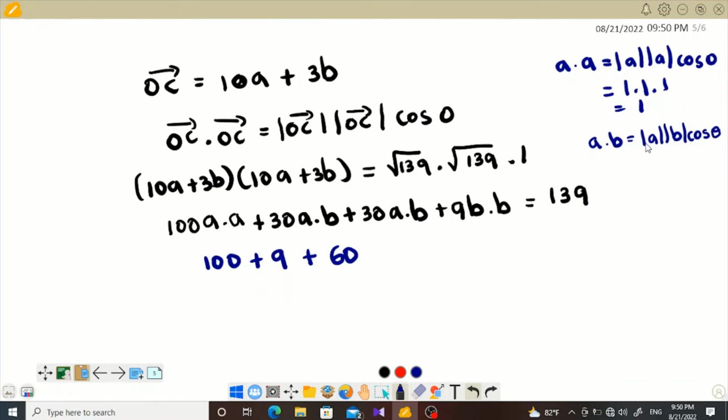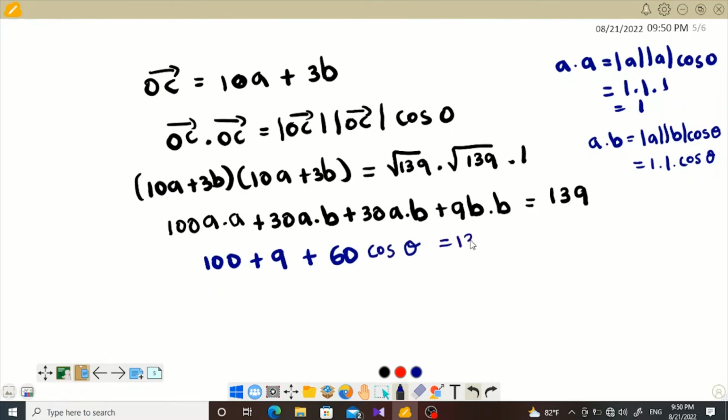So I can substitute this into a dot b. We know the modulus values of a and b, so we can substitute them. Modulus a is 1 since a is a unit vector, modulus b is 1, and here cos theta. So the a dot b value is cos theta, so I substitute it.